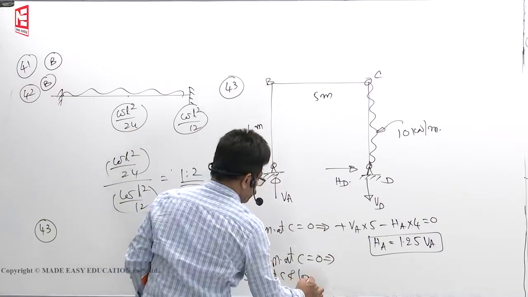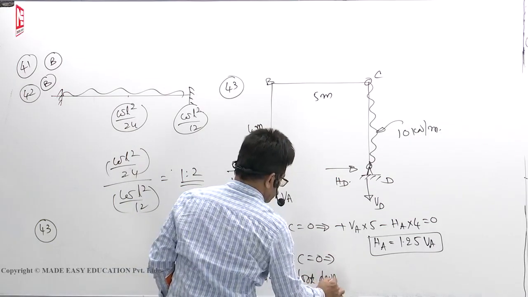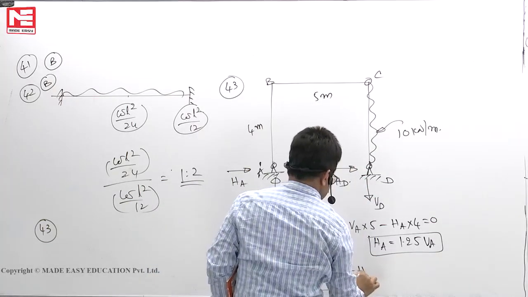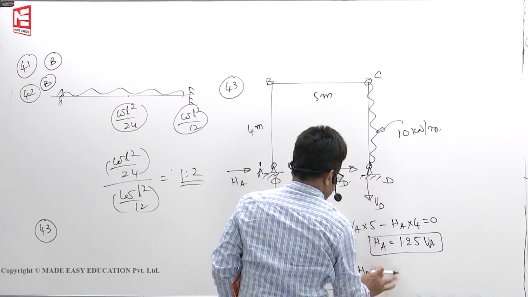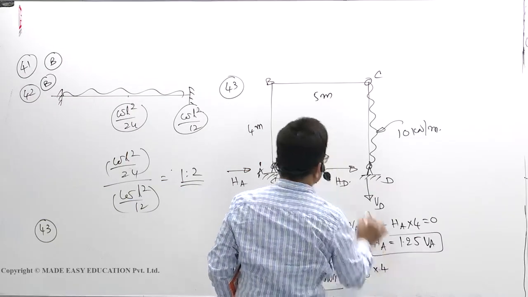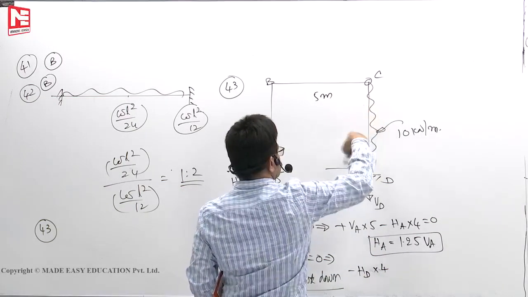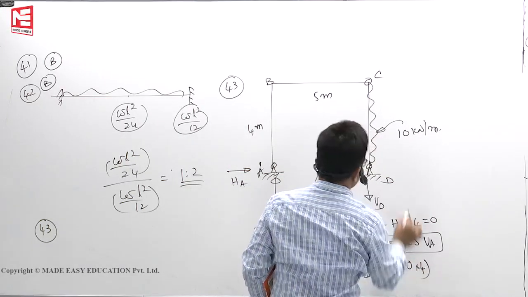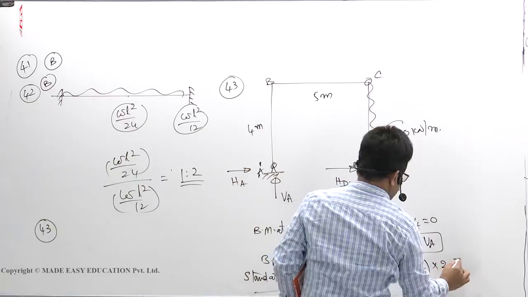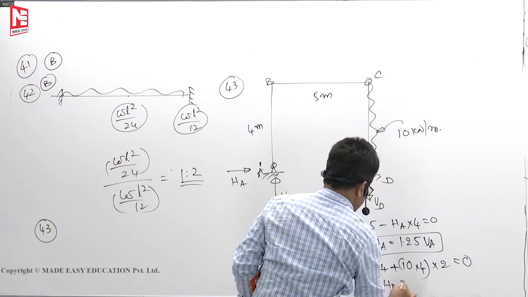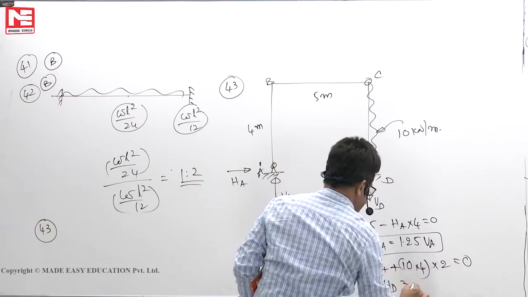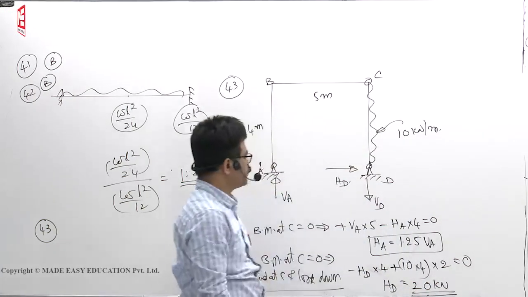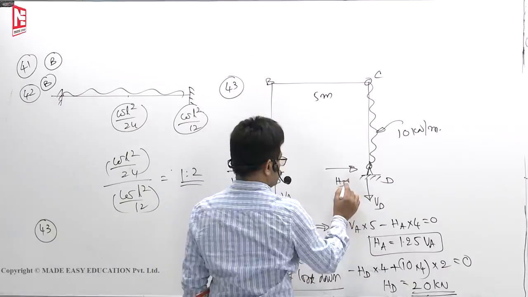Stand at C and look down: minus HD into 4, this is a clockwise moment, plus 10 into 4 into 2 must be 0. So HD goes to the right side, 4 cancels, 20. So HD is 20 kilonewtons.